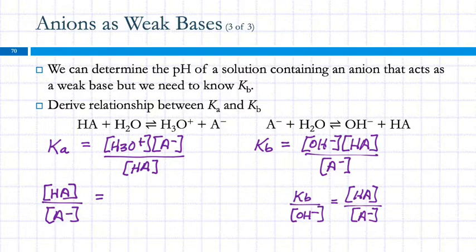So in doing that, I'm going to bring HA to the top, I'm going to take A minus to the bottom, and the Ka and the HA are going to trade places. And I'm going to get H3O plus divided by Ka.